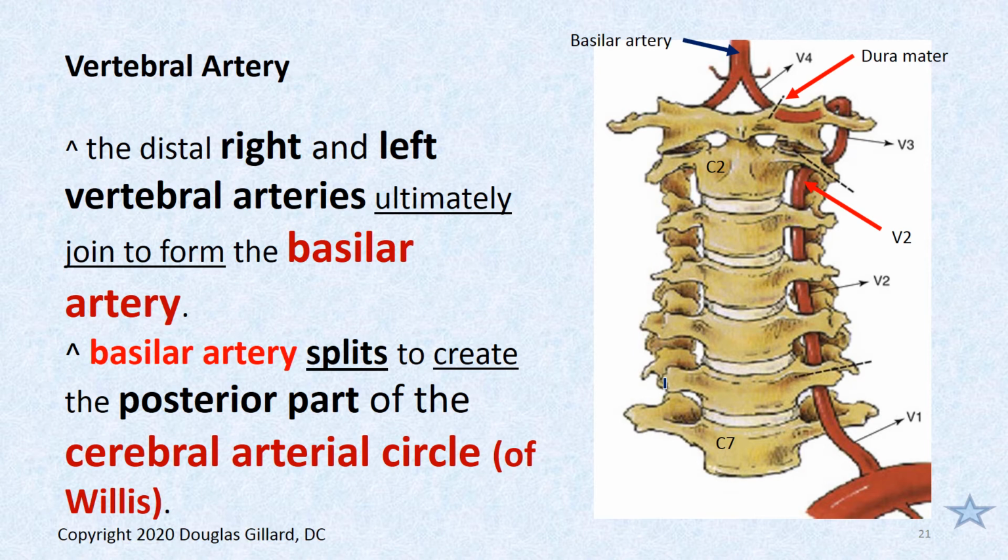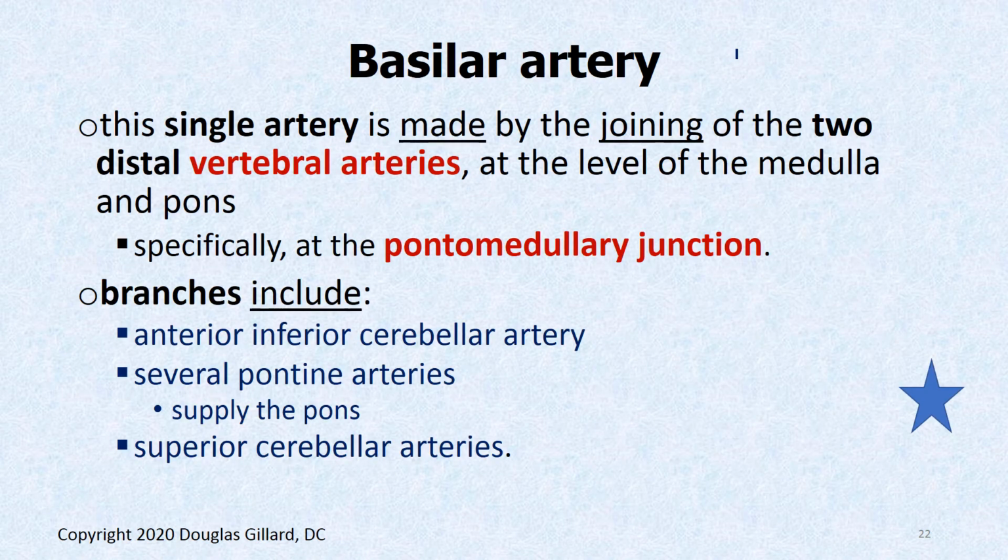Okay, let's see. We've covered this, I think, already, but the basilar artery is here. That's where the vertebral arteries come together and form the basilar artery. The basilar artery dumps into the Circle of Willis, which you have to know if you haven't heard of that yet, and we'll go over that. The basilar artery is a single artery. There's not doubles of this one usually.